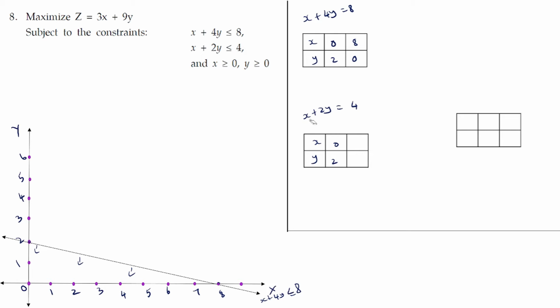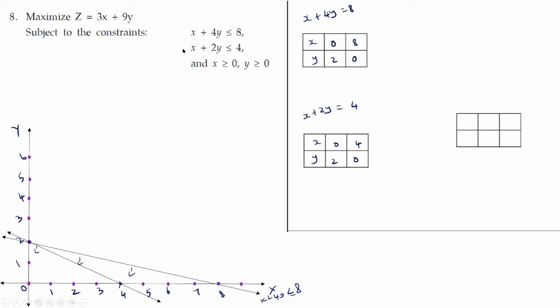The next point is when we take y as 0, x will be 4. When y is 0, x is 4. So this is 0, 2 again, and 4, 0 is this point. So if we draw a line joining these 2 points, we will get x plus 2y equal to 4.